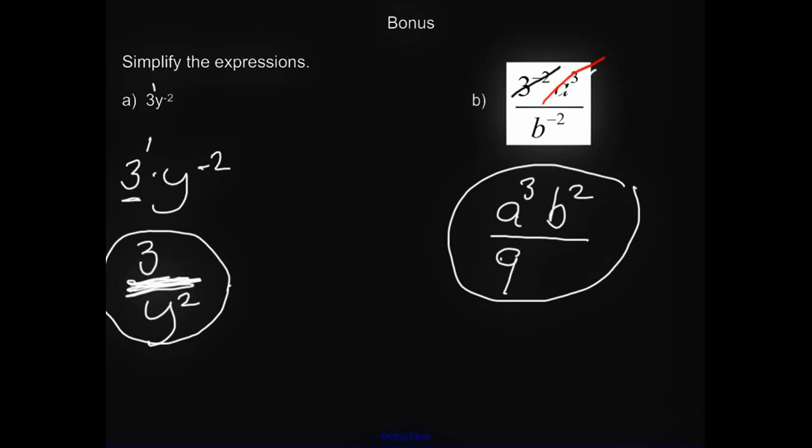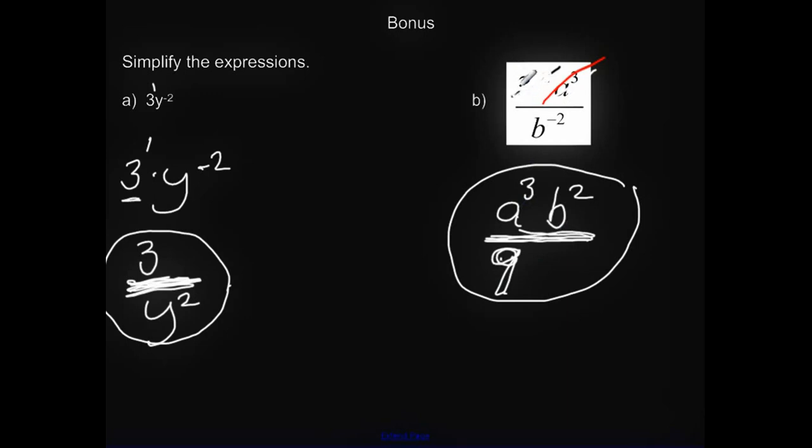I'm going to do the same thing over here. I start with my fraction bar, and I start in the top left-hand corner, 3 to the negative 2. That's a negative exponent, so that means I've got to invert it. So I put it on the bottom here, and I get 9. That's done.